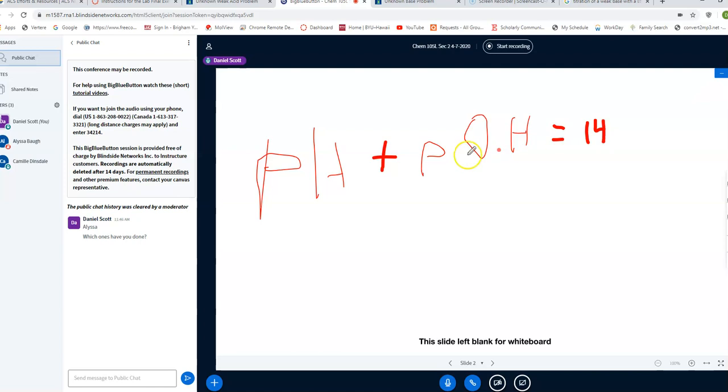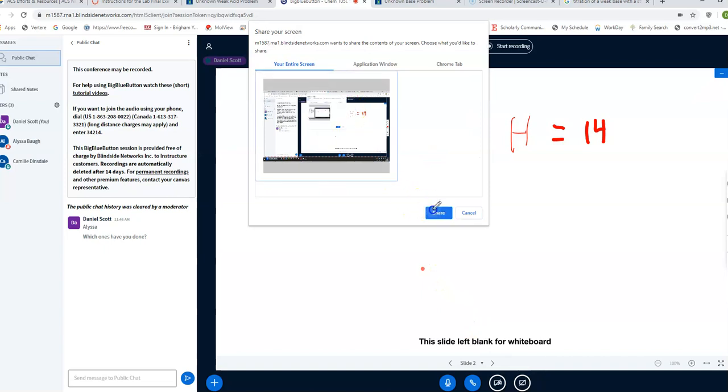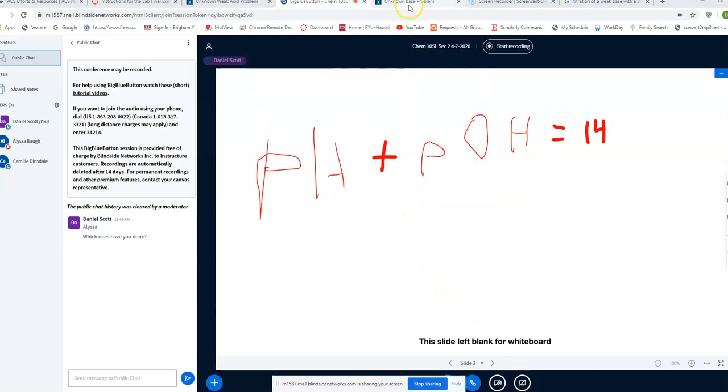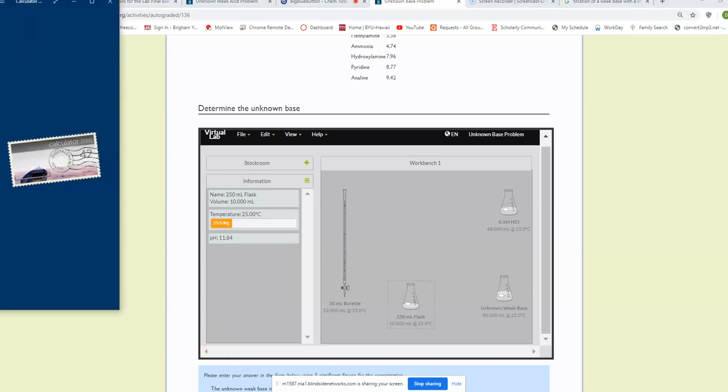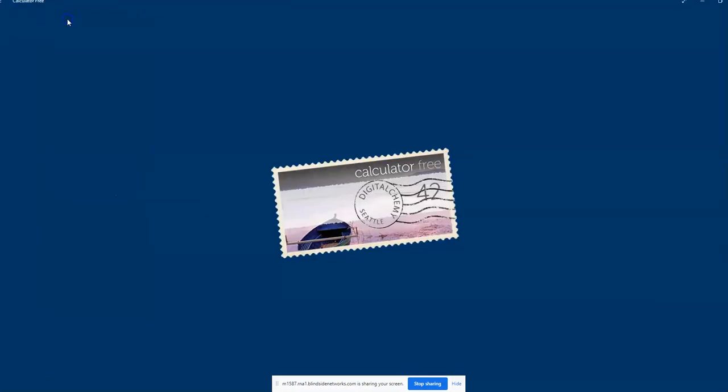So if our pH is 11.84, what's our pOH? We just do 14 minus 11.84, which is 2.16.